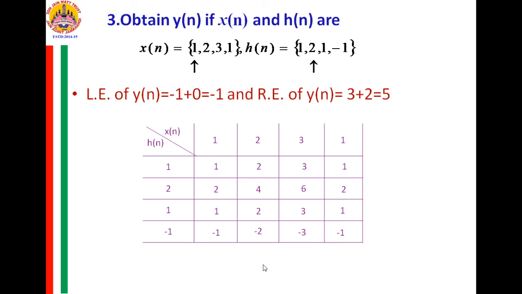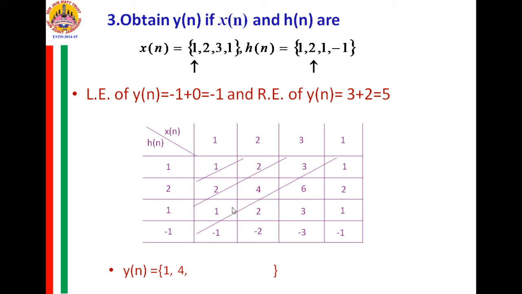Now let us diagonally select the elements and add. This is the first diagonal element, and that is the first sample of yn. Let us enter here for yn. The next diagonal elements, these 2, if you add, the next yn sample is 4.